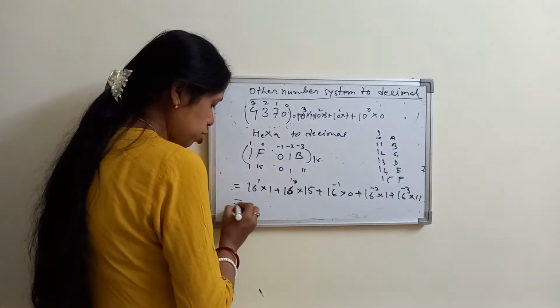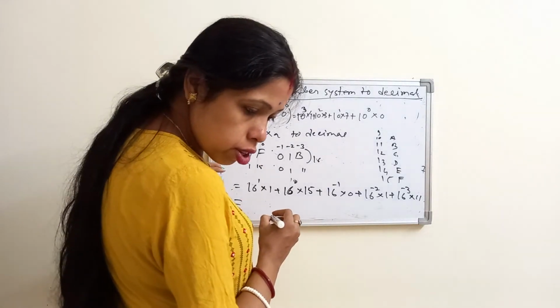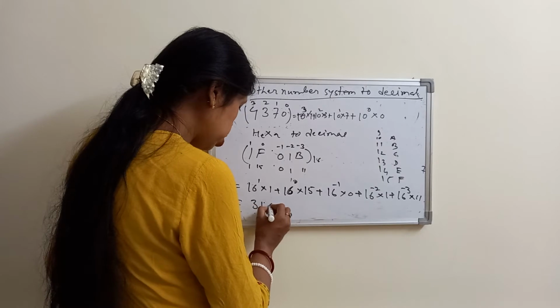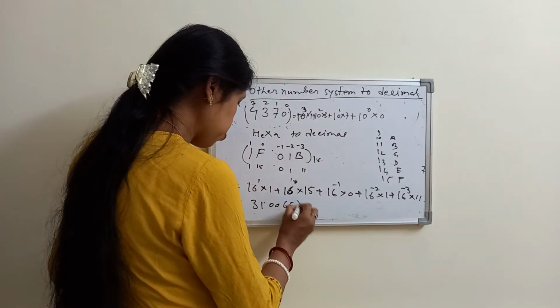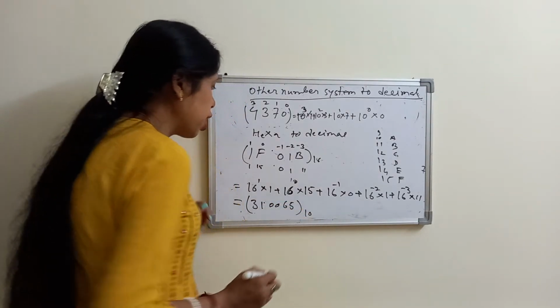Okay. So here you will get 31.0065. This is the hexadecimal to decimal.